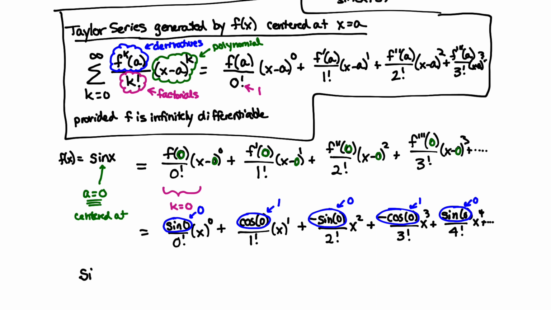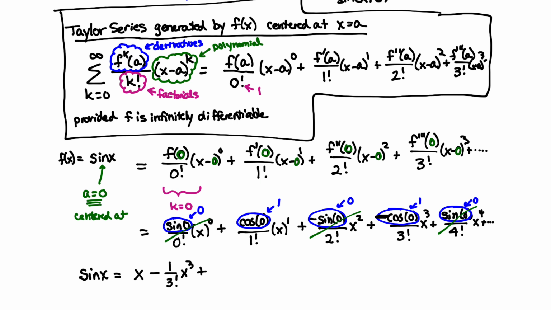So what is sine of x? Sine of x can be represented as the infinite polynomial. Oh, check it out. The 0 terms just drop out because 0 times anything is just 0. And that just leaves us with 1 over 1 factorial times x minus 1 over 3 factorial times x cubed.